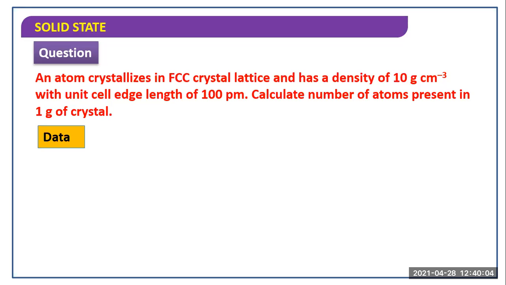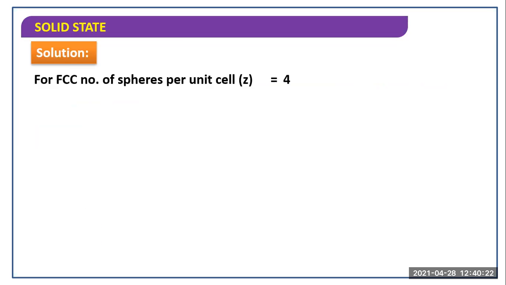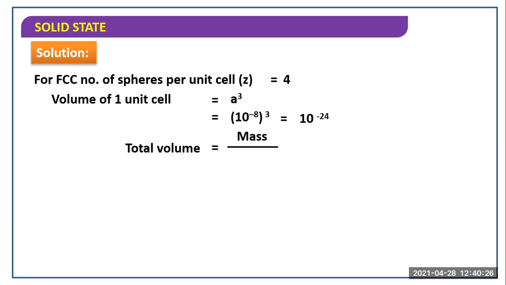And for an atom that crystallizes in FCC, there are a total of 4 atoms in a unit cell and its density was given. Calculate the number of atoms present in 1 gram of the crystal. So this is the density. This is A. For FCC, Z is 4. Volume is A cube.